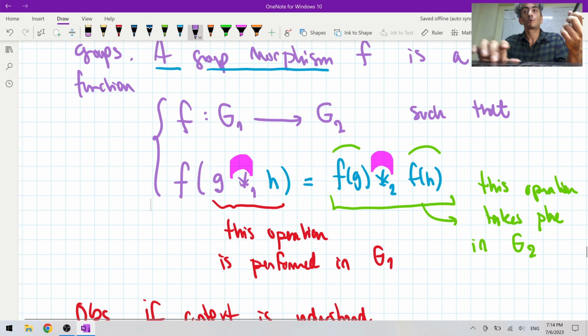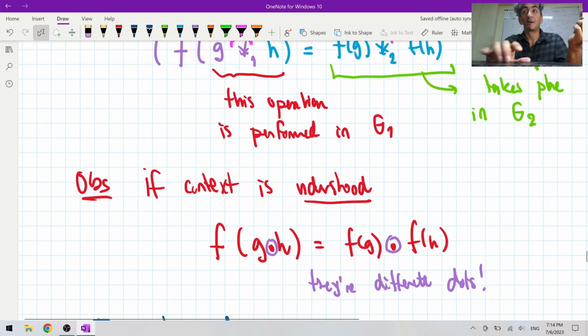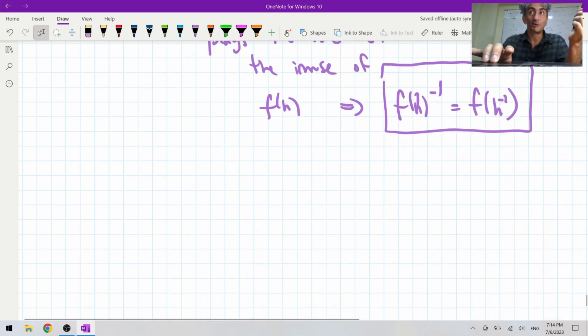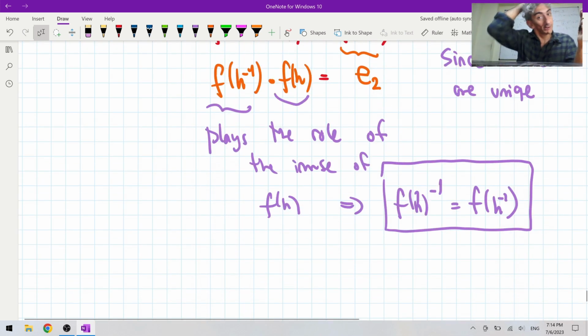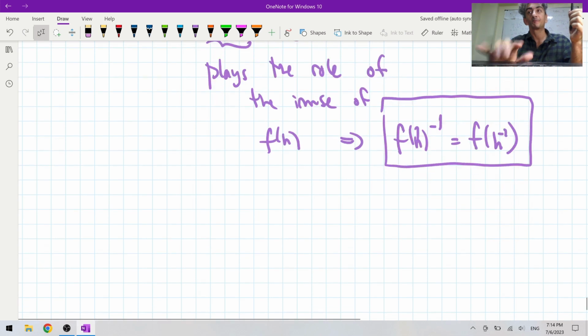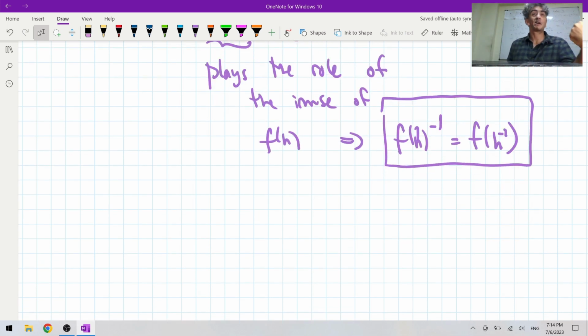So group morphisms are a very nice thing to work with, and there are many theorems about them. But we're going to talk about something specific that we have in mind. Maybe we can have some examples before, but let's go deeper now.